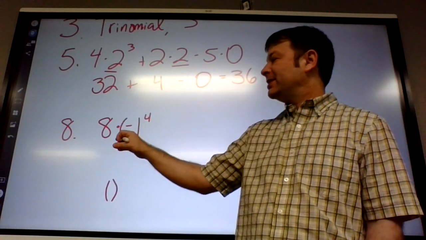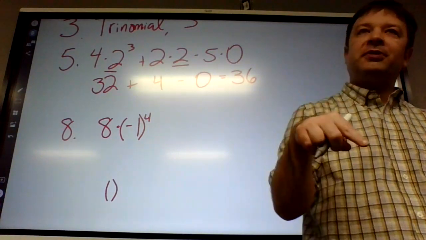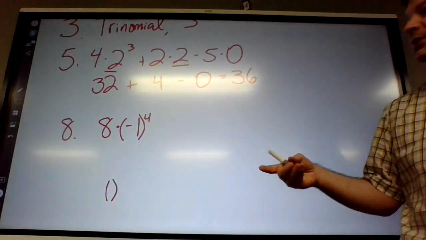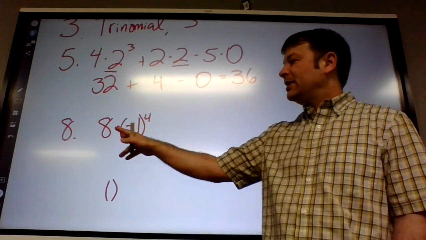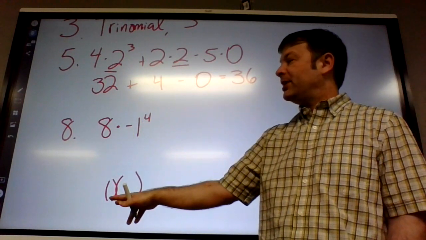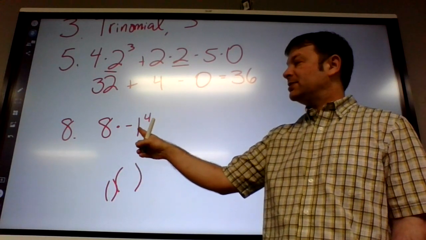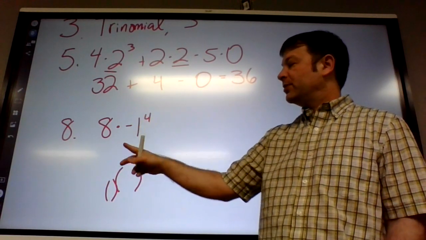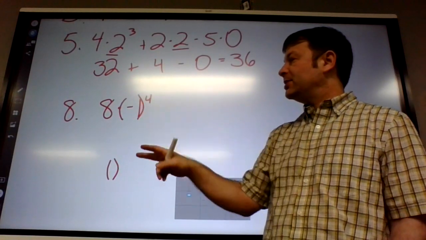We want negative 1, all of that to the 4th. Negative 1 times negative 1 times negative 1 times negative 1 should come out positive. If you don't put parentheses there, it'll spit out a negative. It's not because your calculator is wrong, it's because it's doing 1 to the 4th without the negative. We're supposed to take all of y to the 4th, so you need that in parentheses.